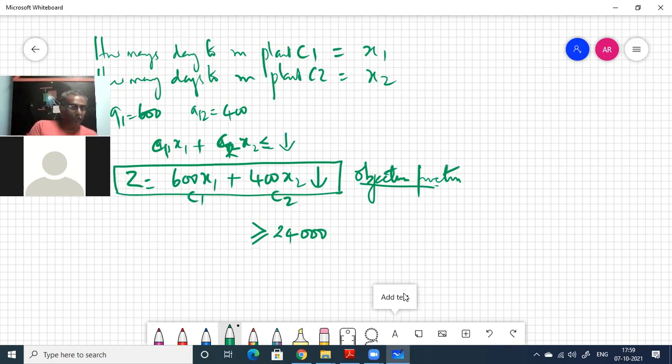That means if you operate C1 for X1 days, then every day you are producing 3,000 S1. This is constraint 1, the S1 constraint. X1 days you are operating, it will produce 3,000 bottles of S1. And then what will it produce?